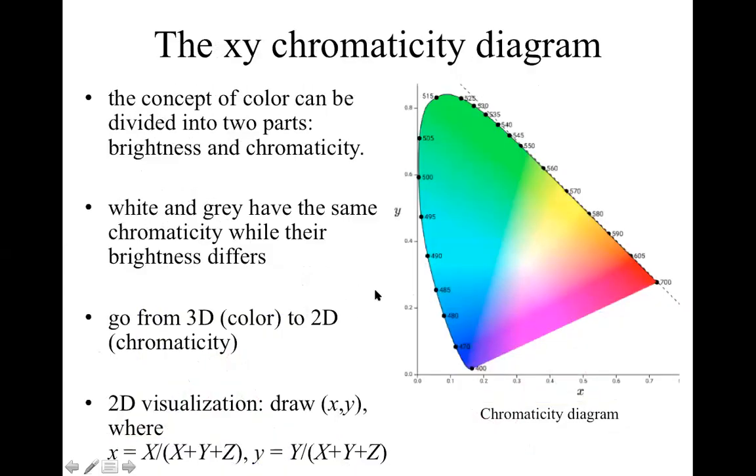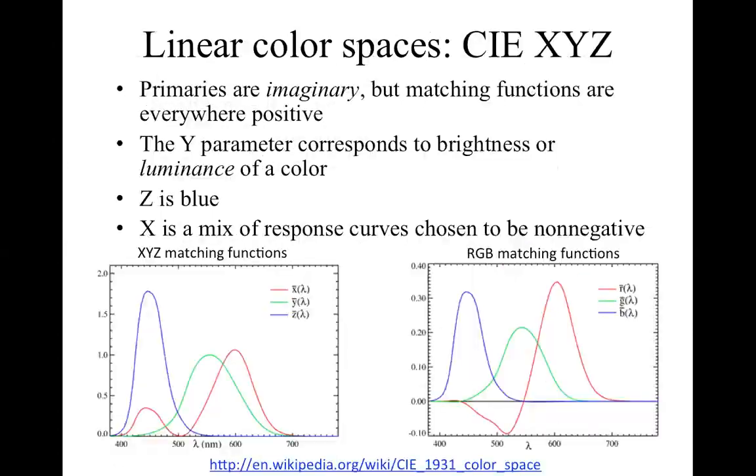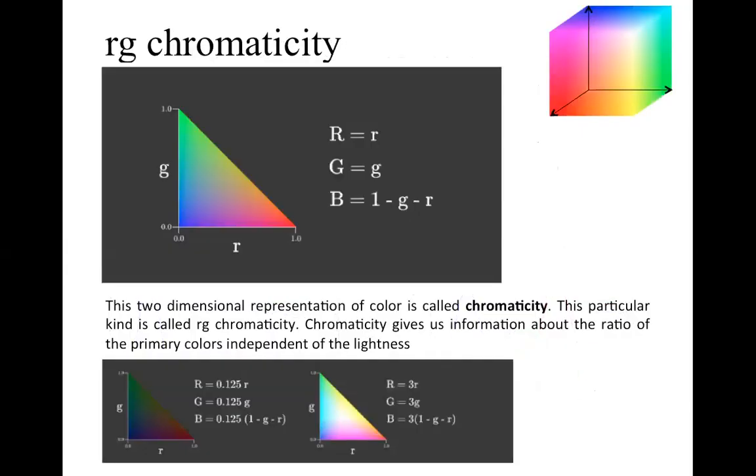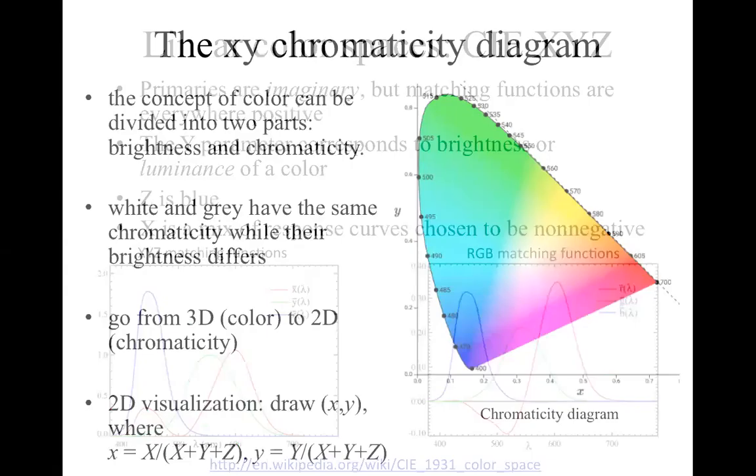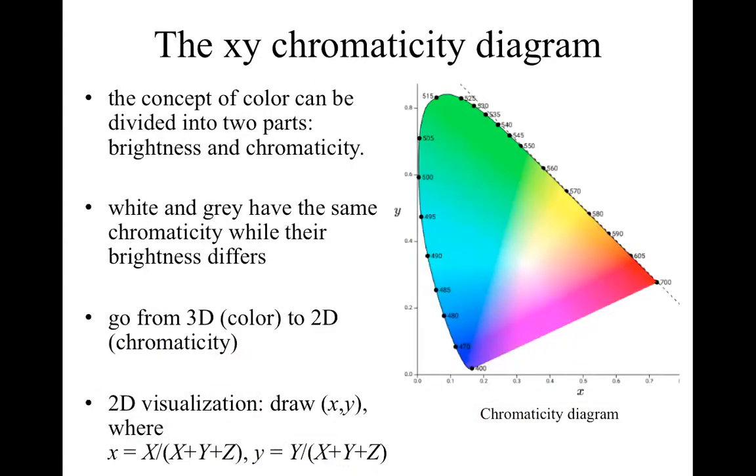Now you can do the same stuff that we did here for the RG chromaticity. You can move from the 3D visualization to the 2D.